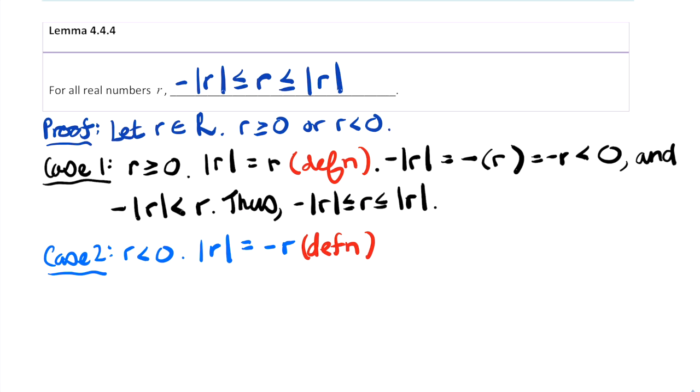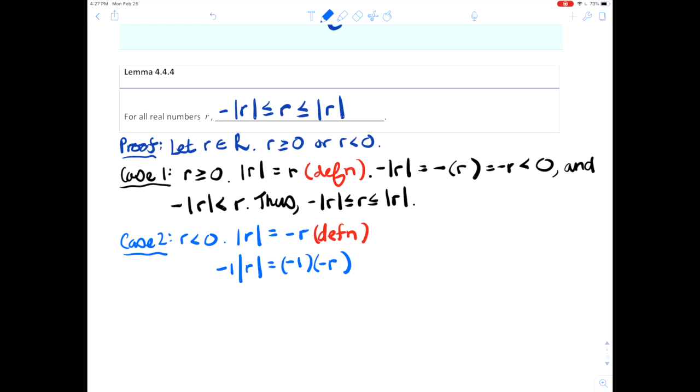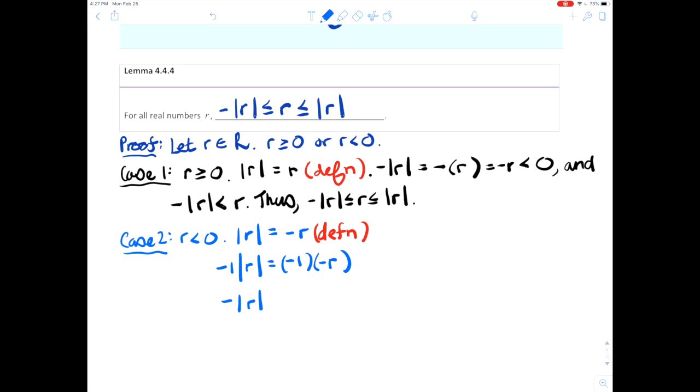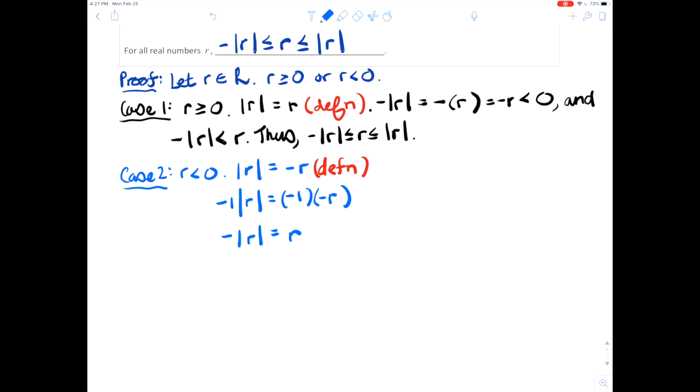So multiplying by -1 on both sides, what are we going to get? We'll have -1 times absolute r equal to -1 times -r, just using some algebra. And this brings us to negative absolute r is equal to r.